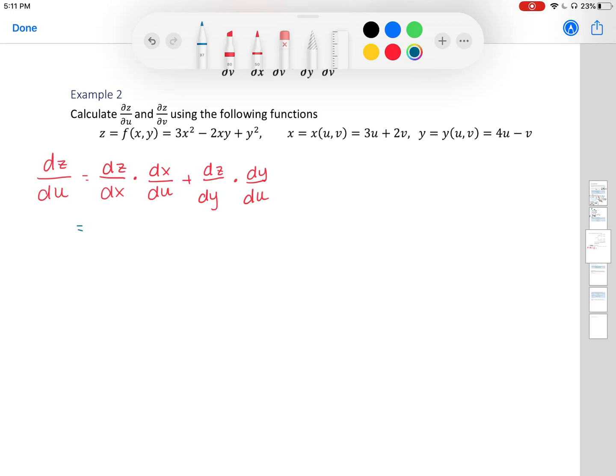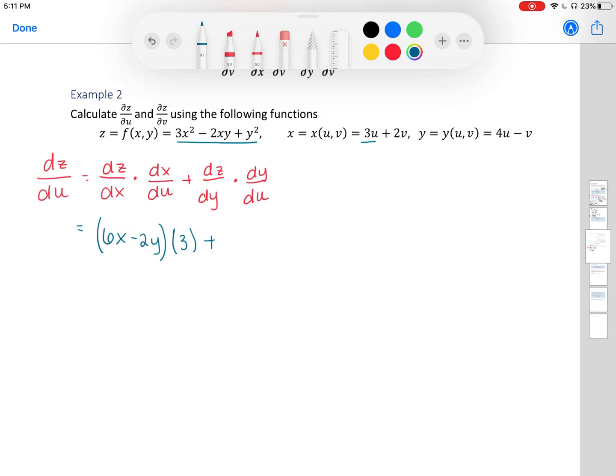So to begin with, we're going to take a look at our function z and take our derivative in terms of x. Now we also have y's. Remember, your y's are just constants. So we have 6x plus 2y times dx/du. We look at the u, which gives us that 3, plus dz/dy.